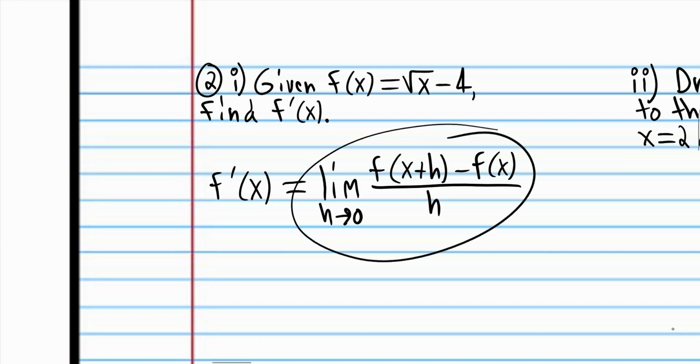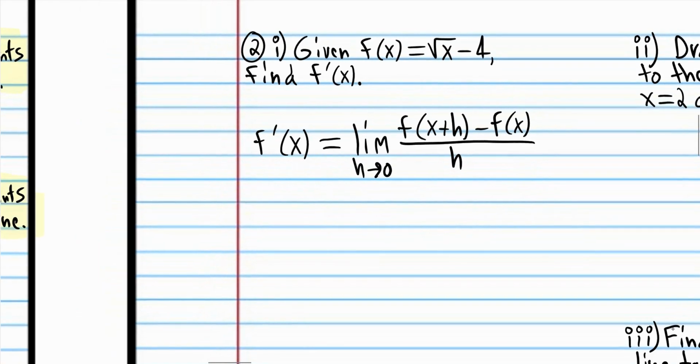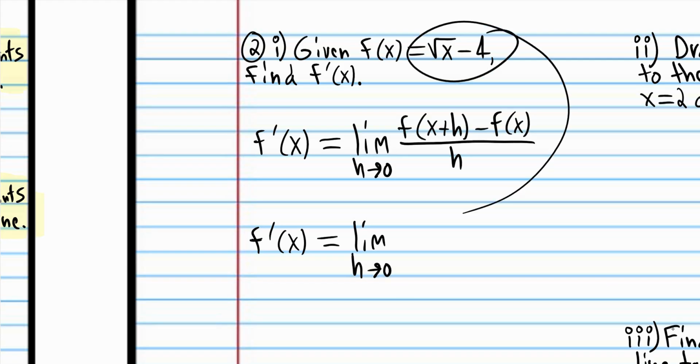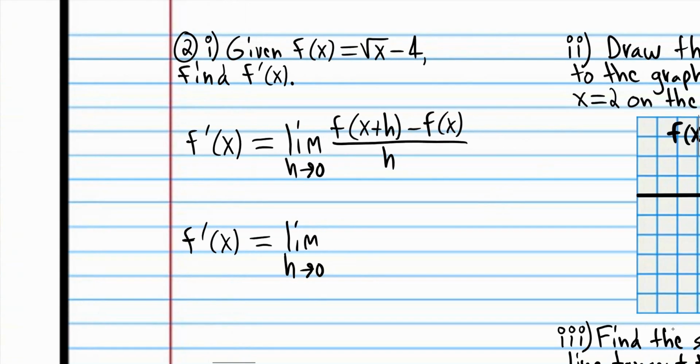You need to have this formula memorized. So that's just for any function, f of x. But now we're identifying the function as root x minus 4. So now we're going to find the derivative for this particular function.